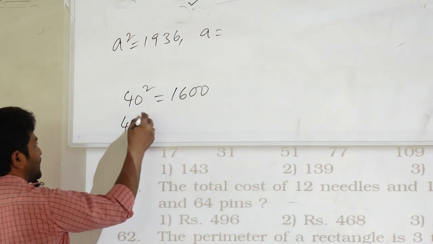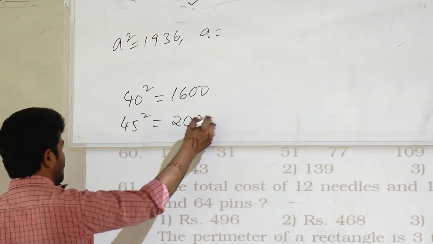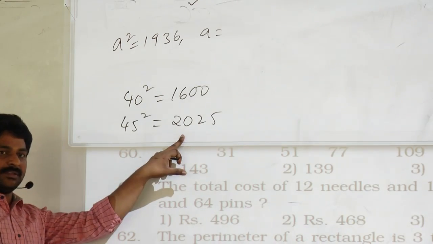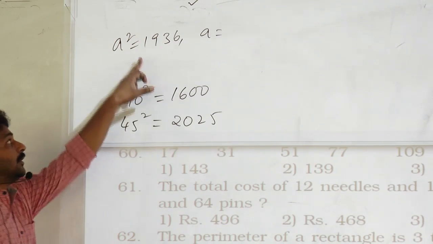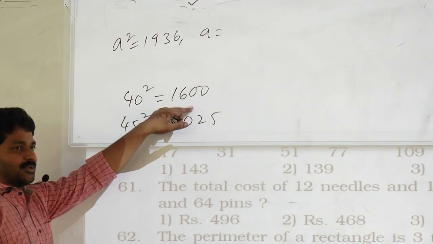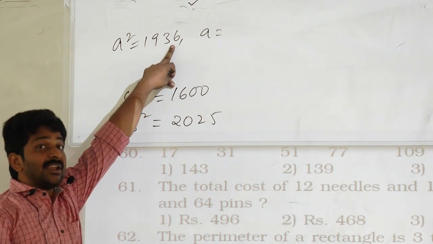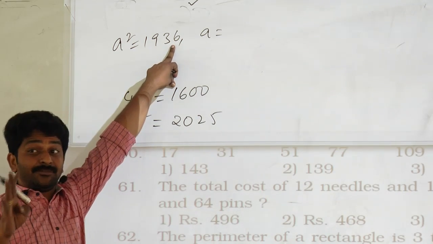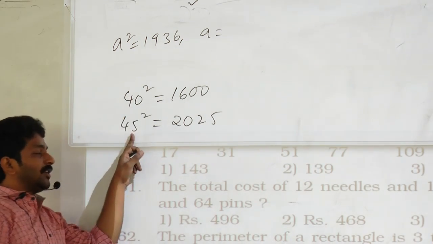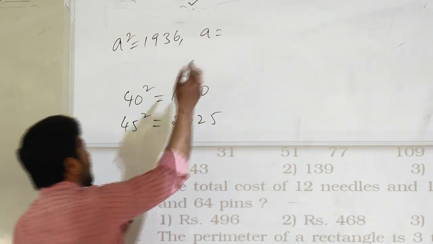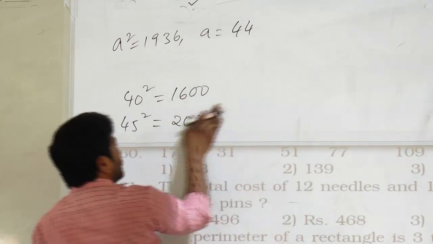What is 45 square? 2025. 5 square ends with 25. 4 into 5, 20. You have 1936, which is in between these two. Last digit is 6. If a square ends with 6, your number should end with either 4 or 6. It should be less than 45, so it should be 4. Side is equal to 44.